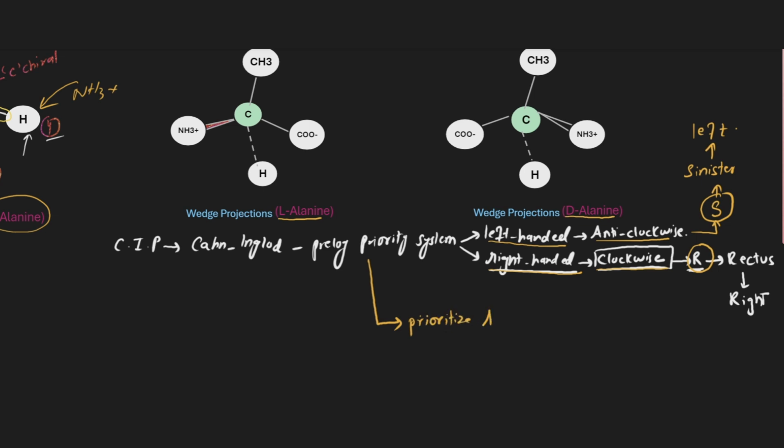The atom which has the highest atomic number is given priority 1, and the atom which has the lowest atomic number is written last.